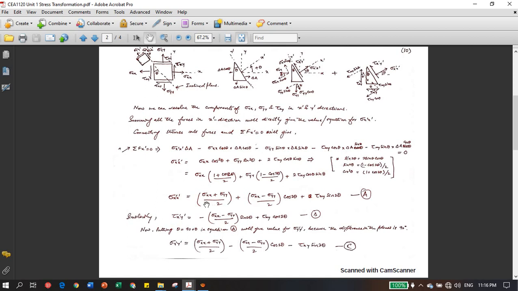Keep in mind, all these stress values are assumed as tensile stress, and the shear stress is taken positive upward, in the positive y direction. So if in the question or in the exam the directions are different, you have to take care of this and put in the sign accordingly.